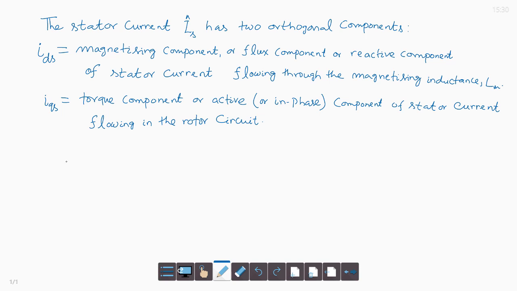So, stator current IS is square root of IDS square plus IQS square.